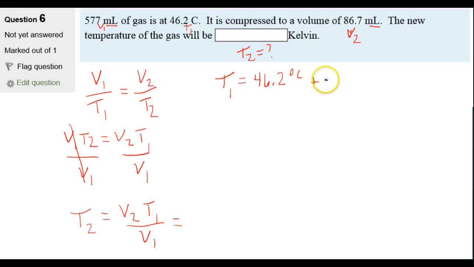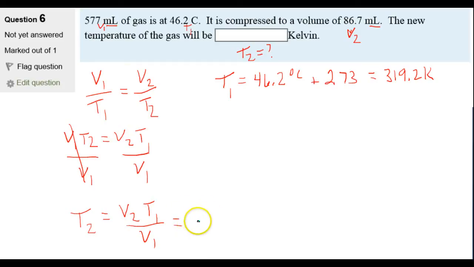Whenever we work with any gas law problems, all the temperatures need to be in Kelvin, and the way that we convert Celsius to Kelvin is by adding 273 to the degrees Celsius. So we'll add this in our calculator. We get 319.2 Kelvin, not degrees Kelvin, just Kelvin. So there is our T1 value right here.